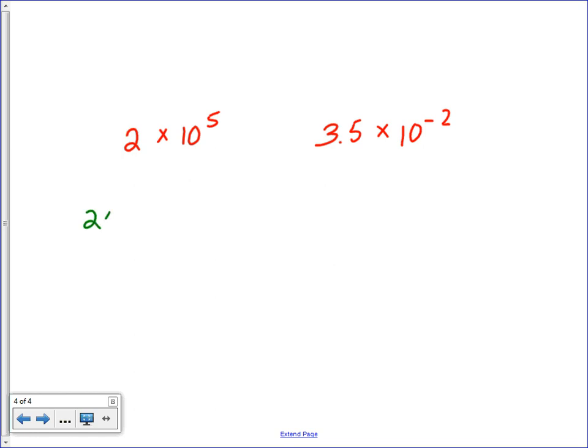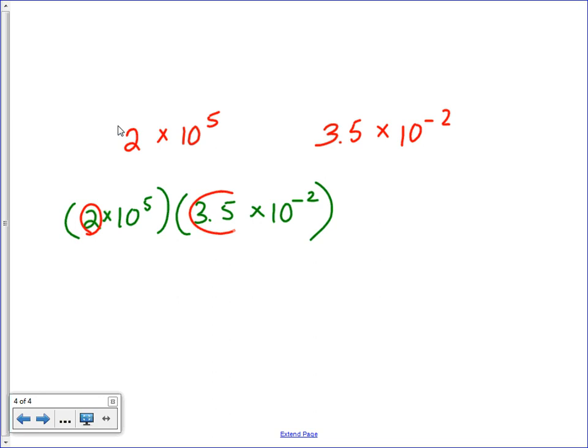If you have to multiply these two things together, like this, you're going to take out your calculator and multiply the A digit times the other A digit. But then you're just manually going to add the K value to the other K value. Because multiplication with exponents means you add the 2 exponents together. So you're going to do 2 times 3.5, which is going to give you 7. And then you're going to add the 2 exponents together, which is going to give you 10 to the 3rd power.